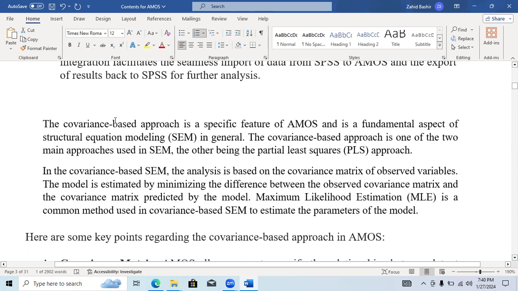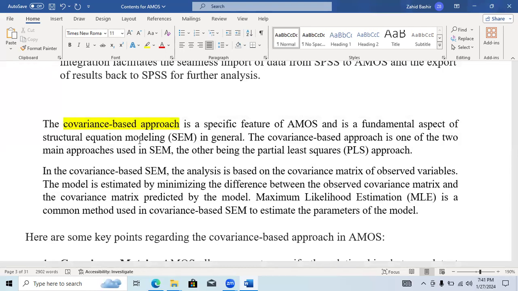AMOS basically applies the covariance based approach. You need to understand what the covariance based approach is before analyzing your data set in AMOS, because it is somewhat difficult and somewhat tricky as compared to Smart PLS. In Smart PLS, everything is user friendly.